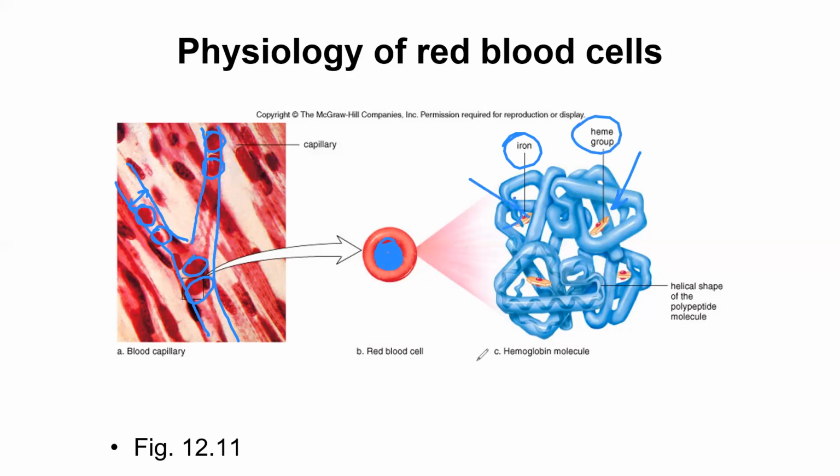There's one there as well. There's one on the bottom left and one on the bottom right. So as I'd said before, there are 4 binding sites for oxygen. And this whole thing itself is a hemoglobin molecule.